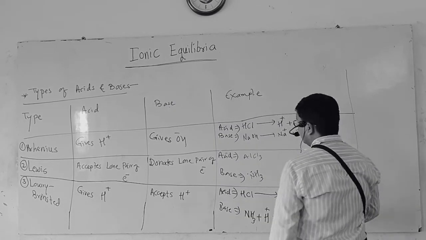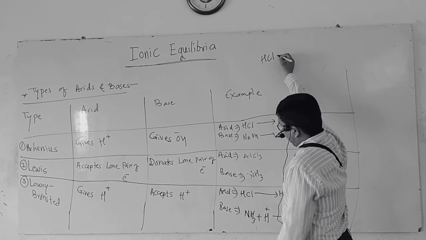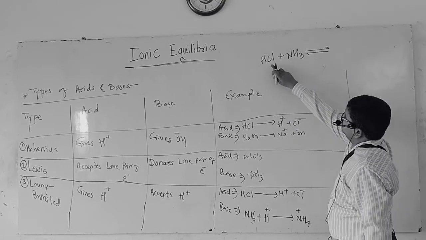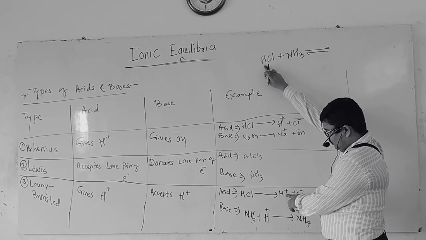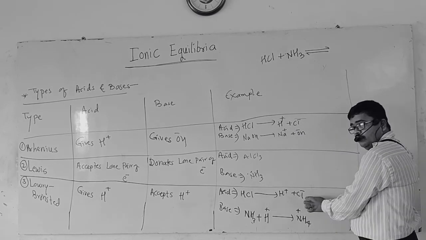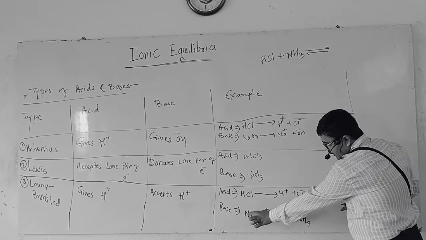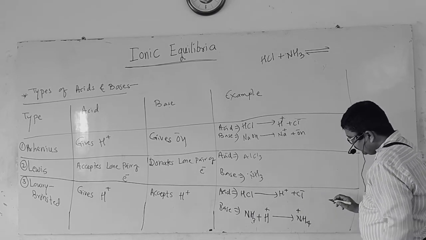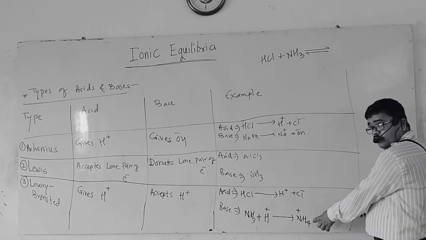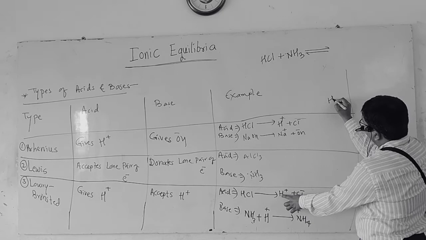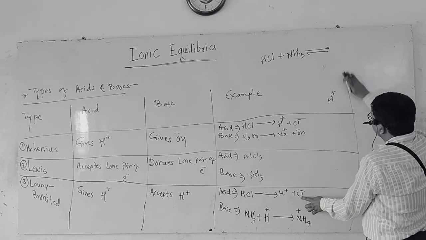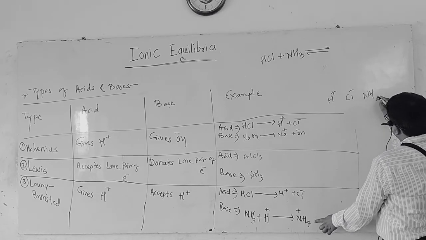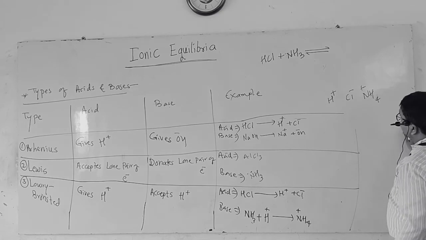Combinedly, this reaction can be written like this: HCl plus NH3. So what will it give? HCl will give H plus and Cl, and NH3 is going to accept this H plus. See, total number of ions are 1, 2, 3. First ion is H plus, second ion is Cl minus, and third ion is NH4 plus. How is NH4 plus formed?